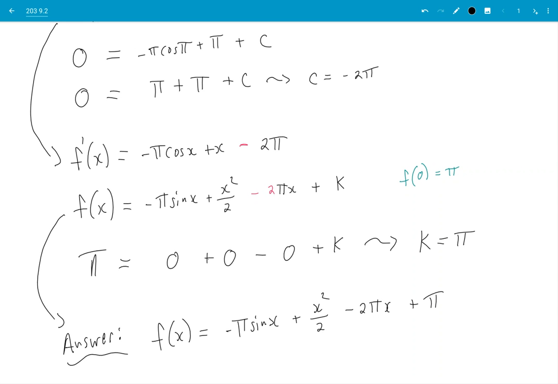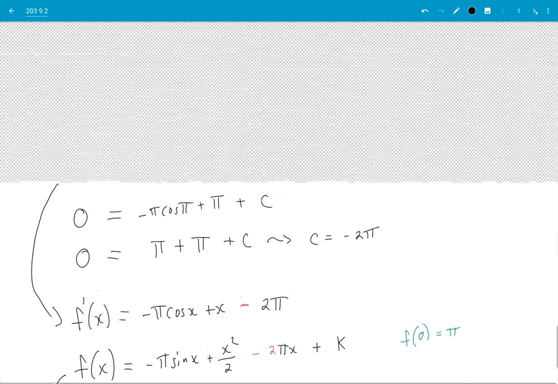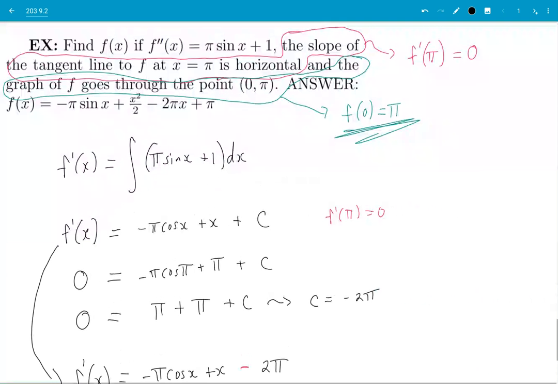So, a two-step process. I have to solve for a constant both times. And to do that, perhaps the trickiest bit was translating from English to math as I did up here.